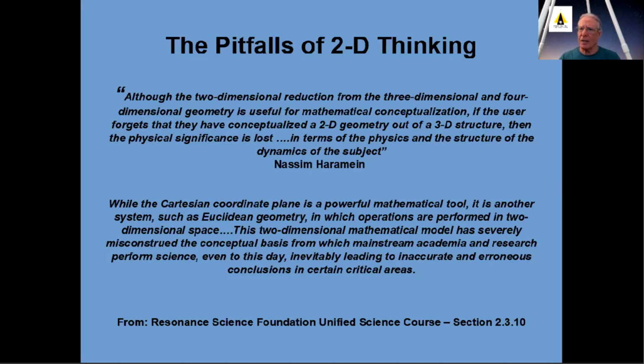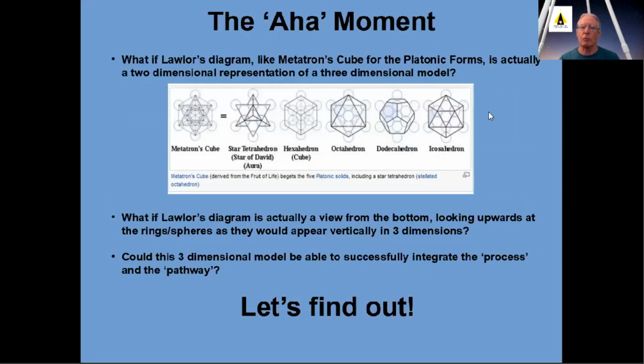So I started to think, and this is where the aha moment comes in, what if Lawlor's diagram, similar to Metatron's cube for the Platonic forms, which is a 2-dimensional representation of all of the 3D Platonic forms, is actually a 2-dimensional representation of a 3-dimensional model? So that was the key to unlocking this diagram.